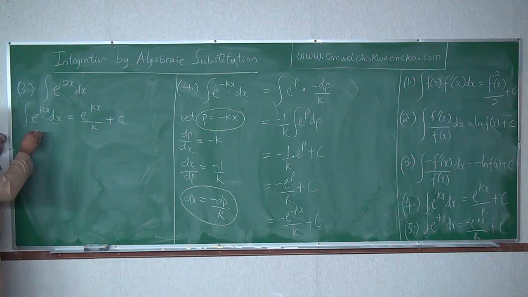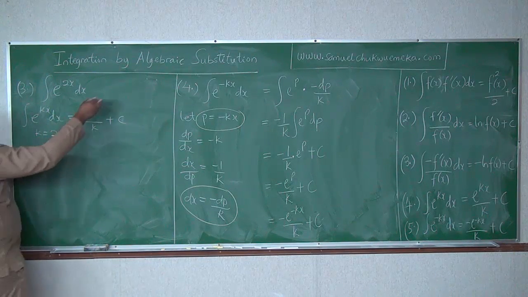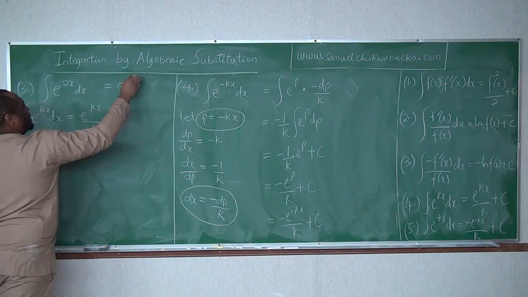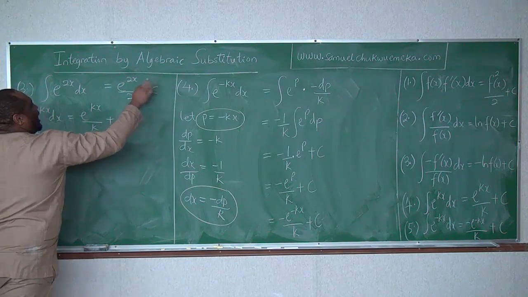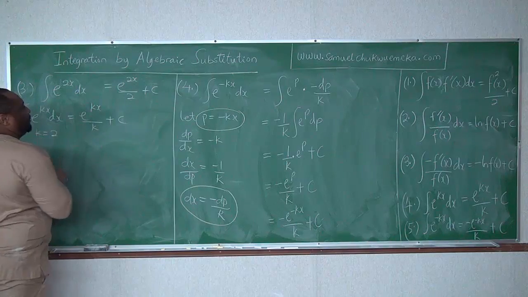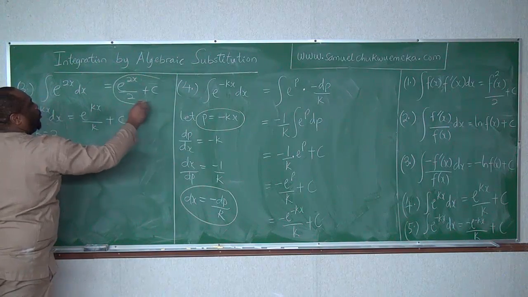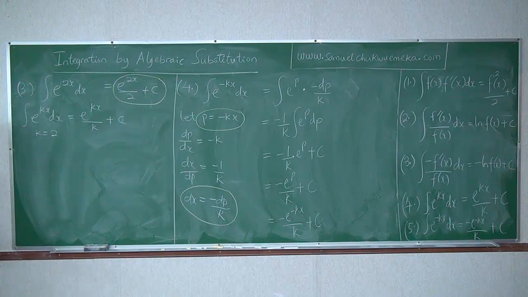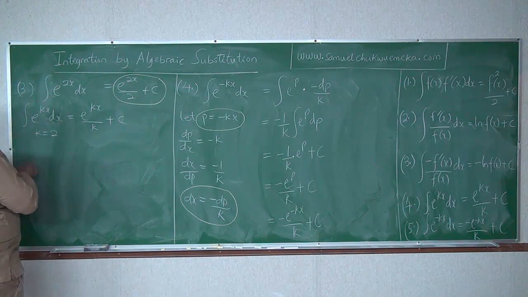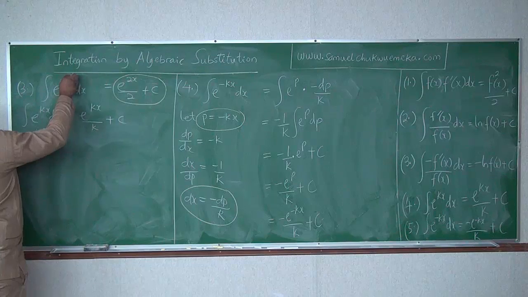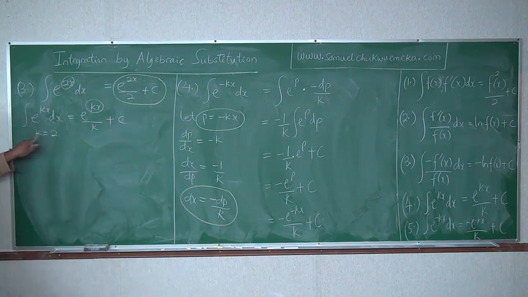And of course here k is 2, so this just gives you e to the 2x over 2 plus c. That's the quick way people would use right away, because if you compare this with this, you see that k is 2.